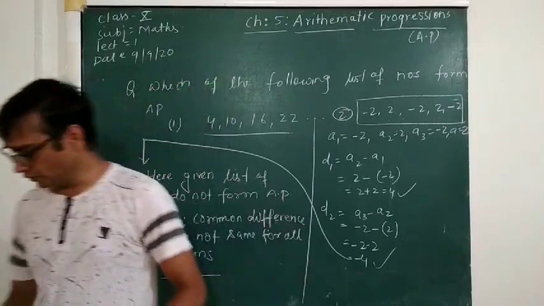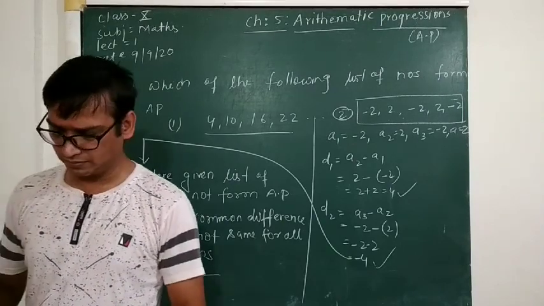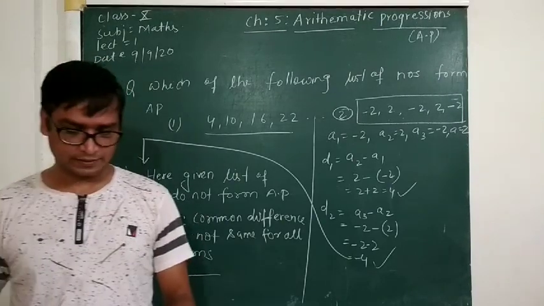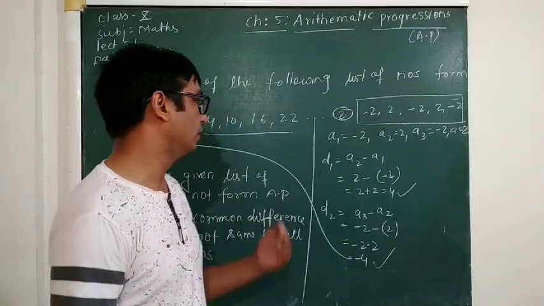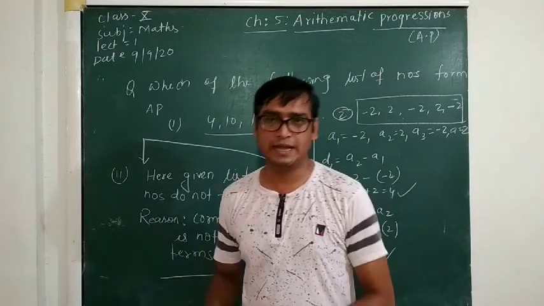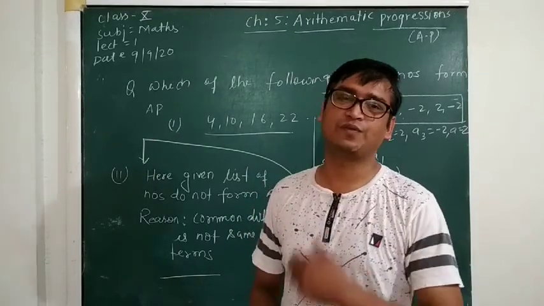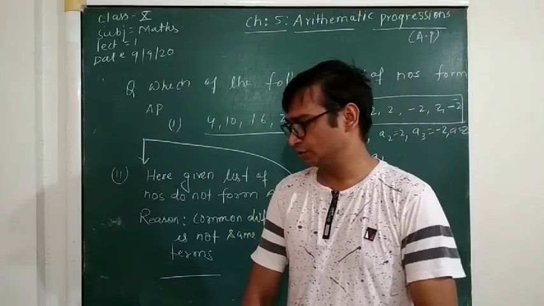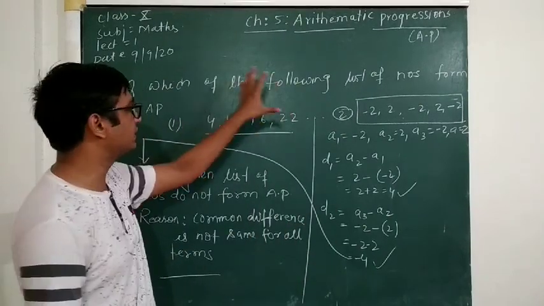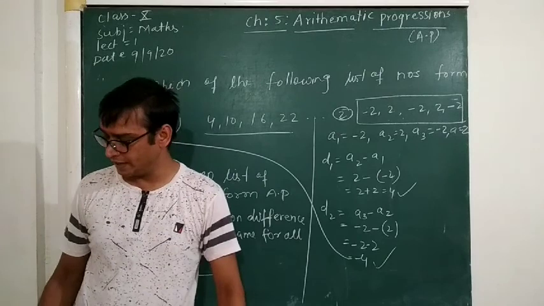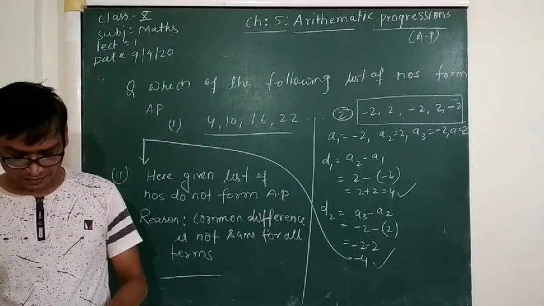Okay. Now some formulas which we need, we will do in the next lesson, or in the next exercise. Before the next exercise, we will discuss some formulas, like how to find A1, how to find A2, right? Here we just found how the given lists of numbers are in AP or not.